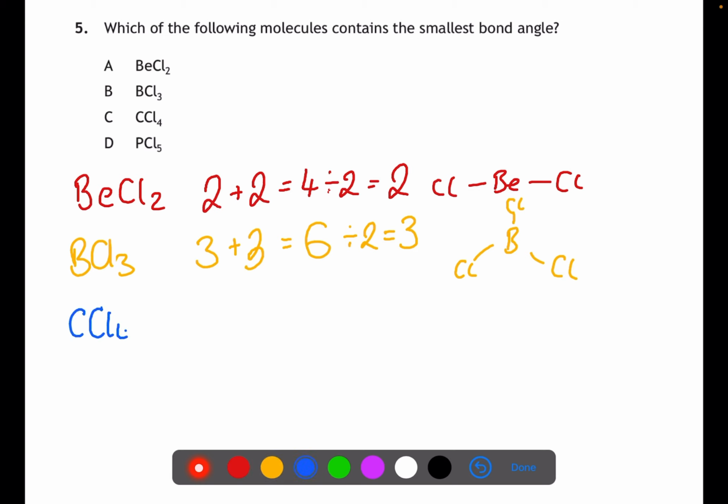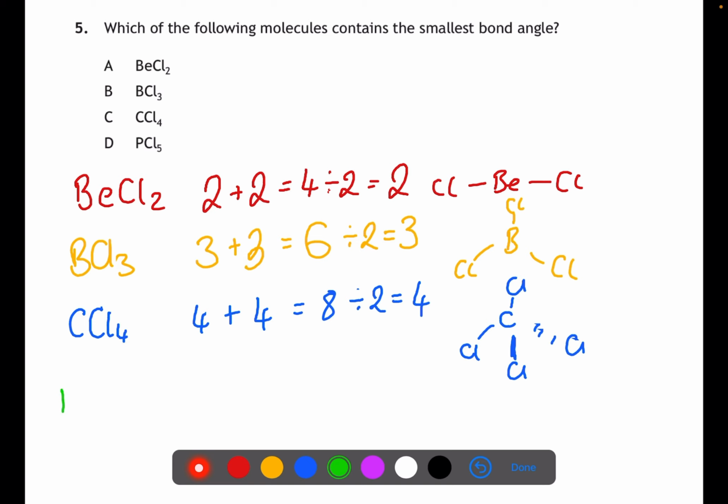For CCl4, we'd have 4 electrons on the carbon plus 4 chlorines to give 8, divided by 2 will be 4 electron pairs with no lone pairs. This gives a tetrahedral arrangement. And then finally PCl5. We have 5 electrons on the phosphorus plus 5 chlorines attached to give 10, divided by 2 to have 5 electron pairs. This means that we'll have a trigonal bipyramid arrangement.